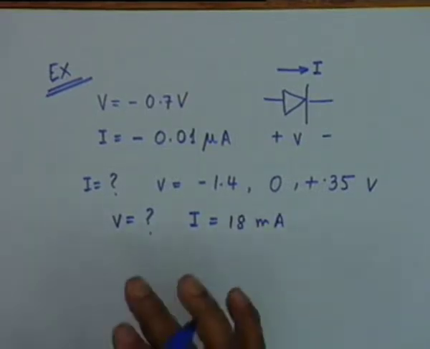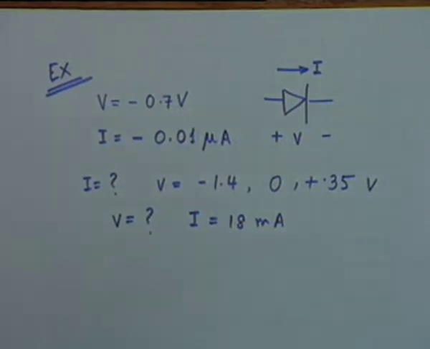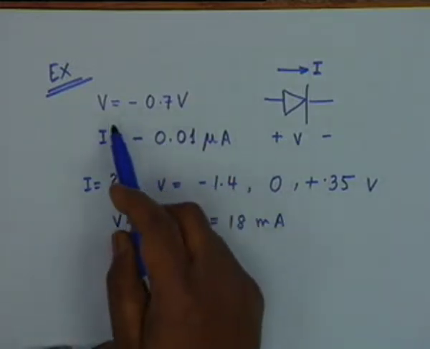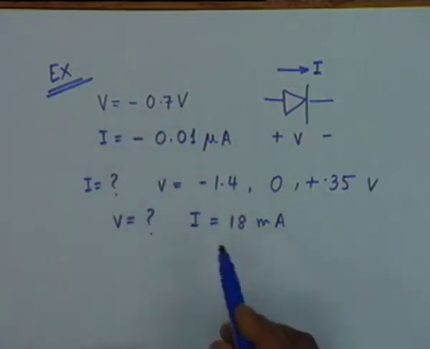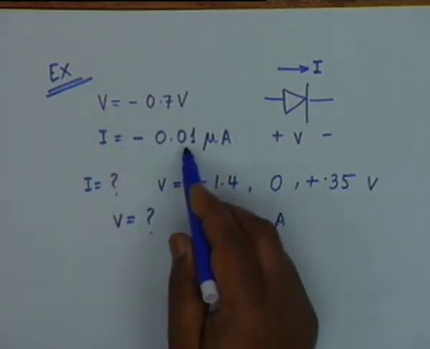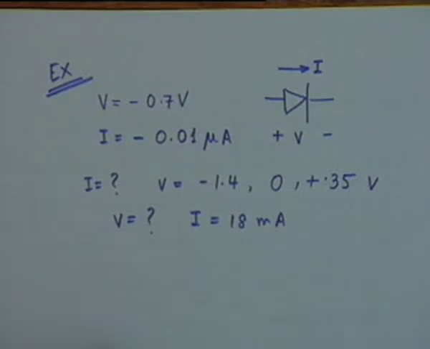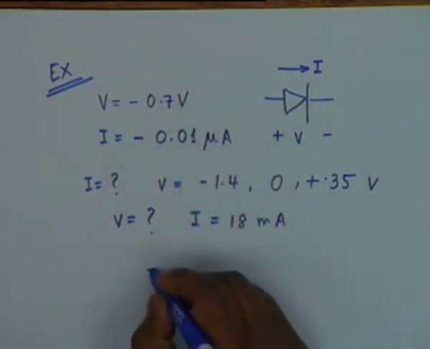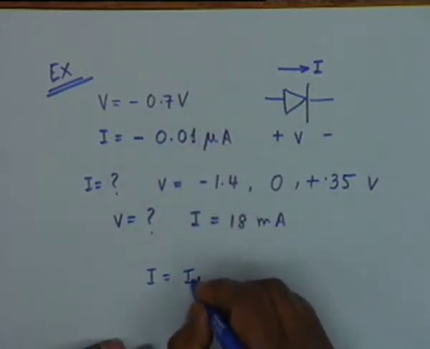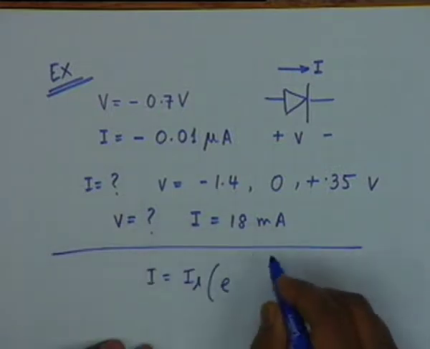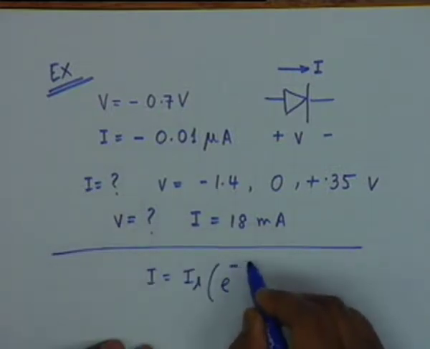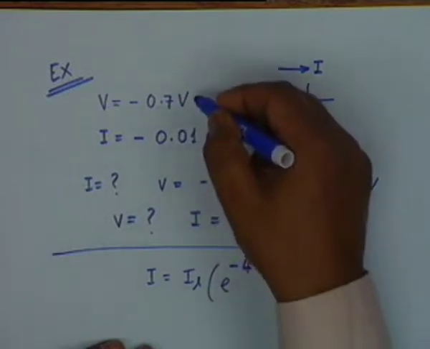Basically it is an interplay of the same equation. However, there are some simplifying features which I wish you to notice. Firstly, at a voltage of minus 0.7, capital I is minus 0.01 microampere. Now if you substitute in this equation I equal to Is (e to the power minus 40 times 0.7, minus 1), why minus?